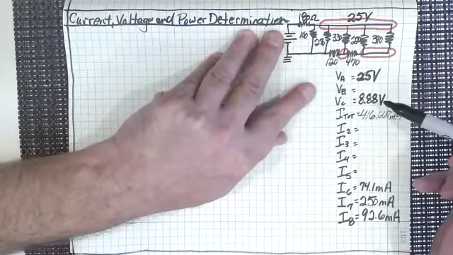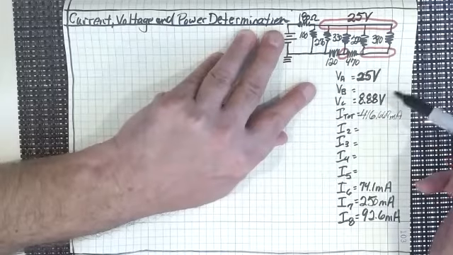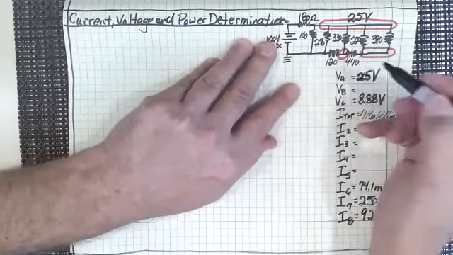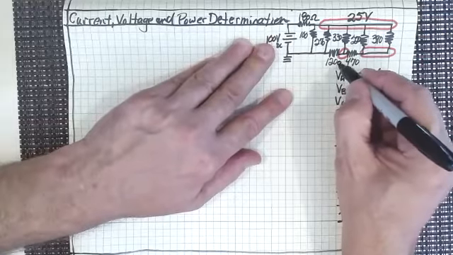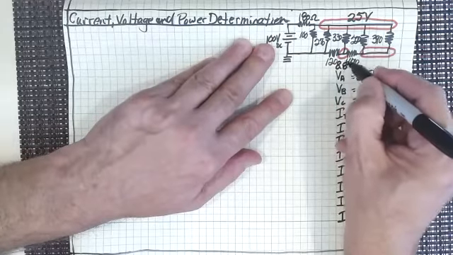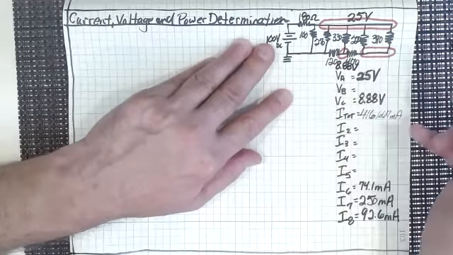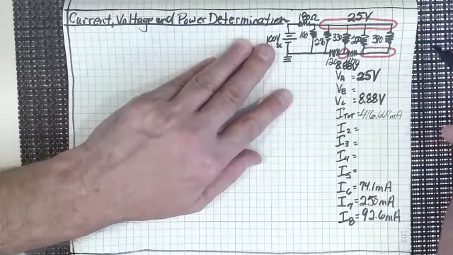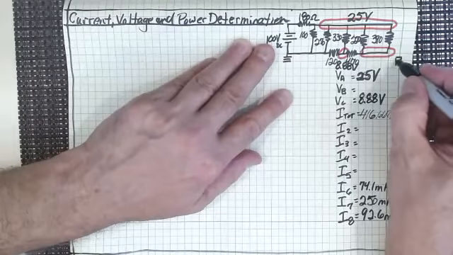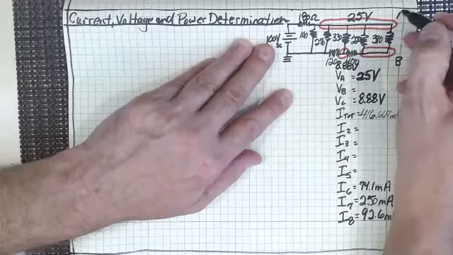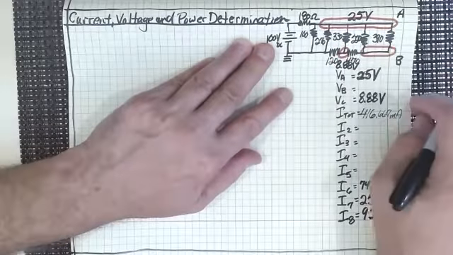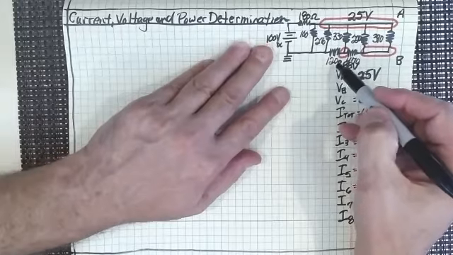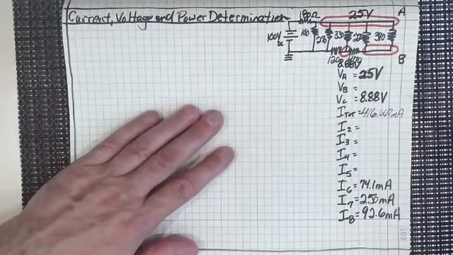That was V sub A, and then V sub C, which is our voltage right here, was 8.88 volts. We haven't figured out what our voltage is at B yet. I believe this was B. I should probably go back and check these, but I'm pretty sure this is how we did it, because we looked at the voltage drop across that 120 ohm resistor, right?